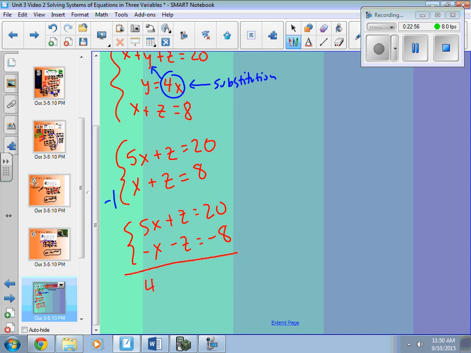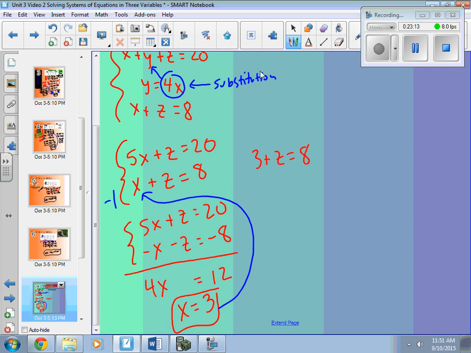Adding these up now, we got 4x, the z's eliminate. Divide by 4, and looks like x is 3. So the first number is 3. We could substitute that back in here easily now and find z. So you got 3 plus z equals 8. So it looks like z is 5.